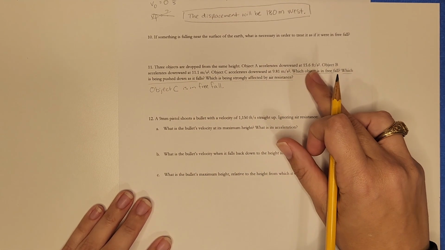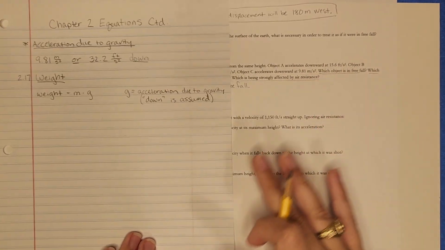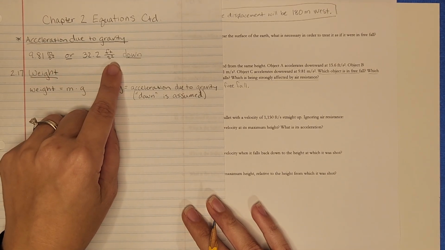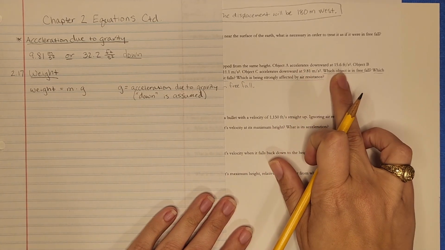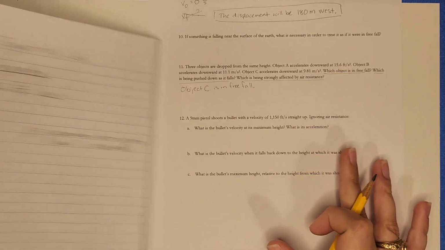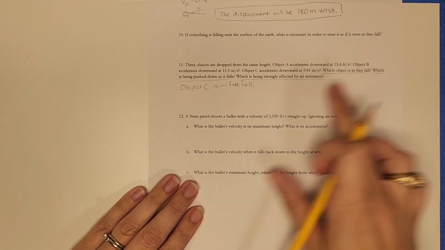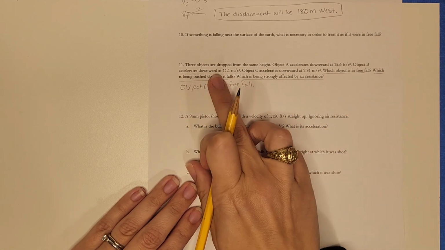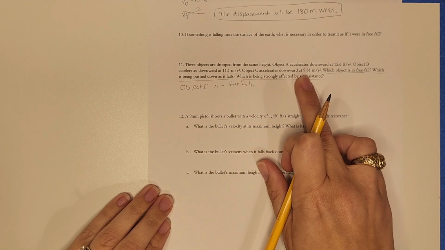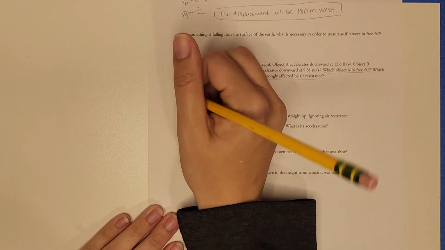So let's see, 15, oh wait, this is in feet per second, and I just looked at meters per second. So let's look at the feet per second from my acceleration due to gravity. 9.81 meters per second squared is the same as 32.2 feet per second squared. So object A has less acceleration than the acceleration due to gravity, so this is going to be the one that is being affected by air resistance. And object B, metric units here, is accelerating more quickly than object C, and so something is pushing on it.